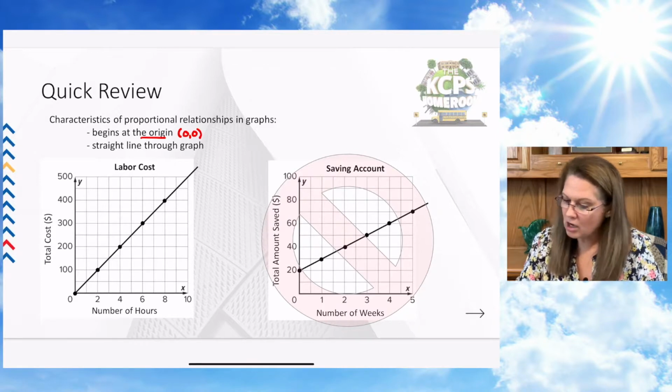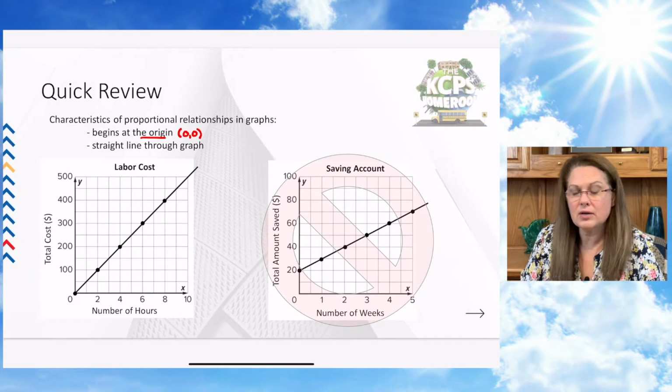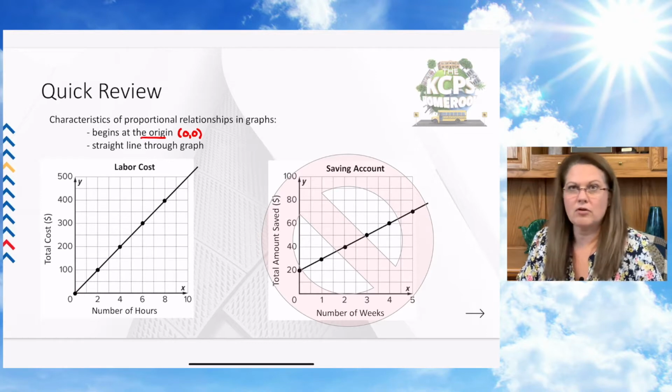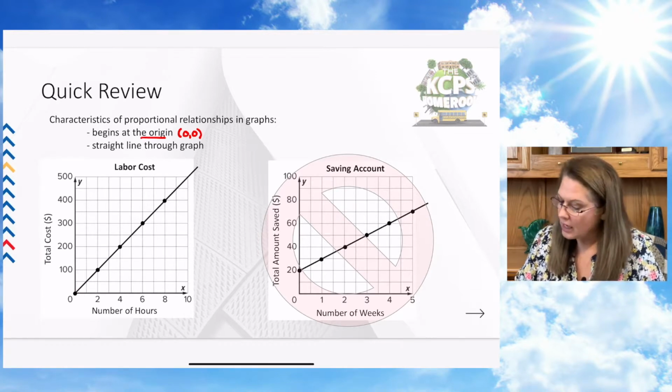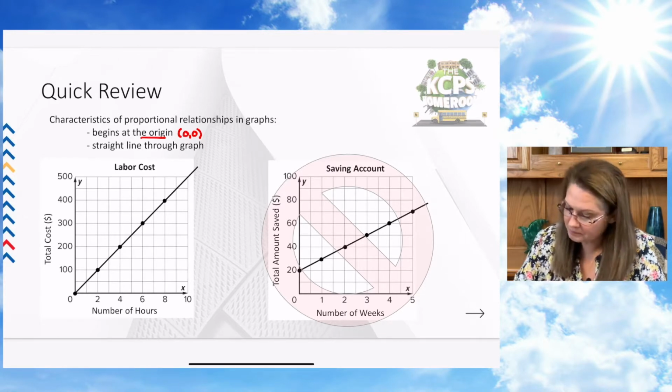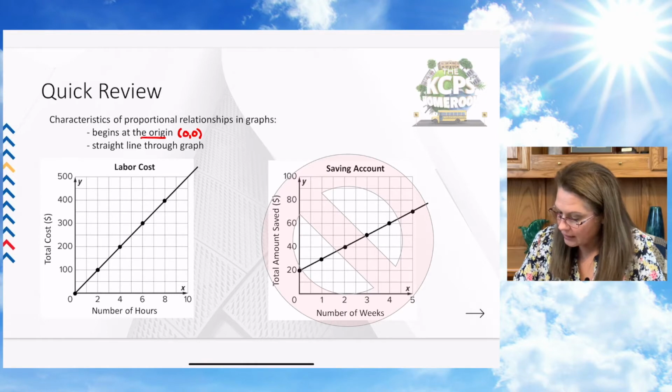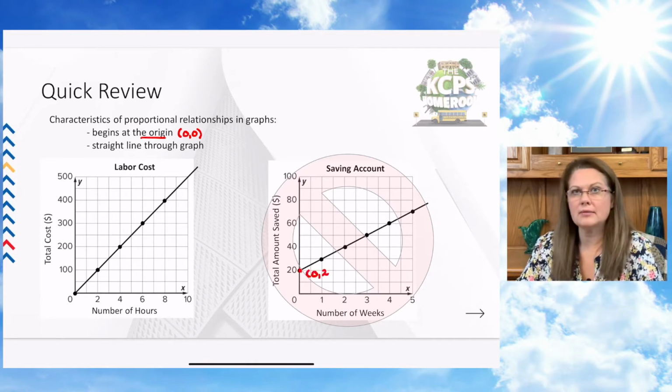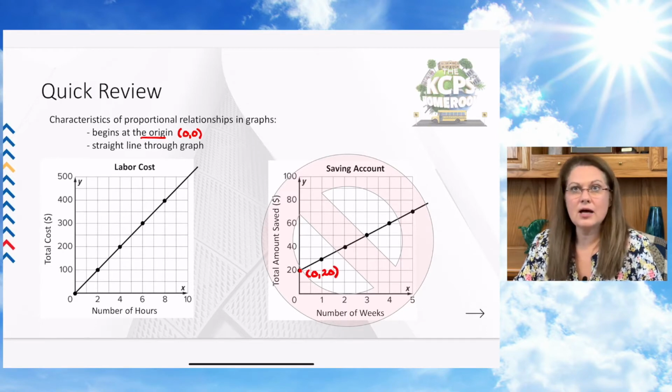You'll notice our first graph does start at 0, 0, and it tells us that we don't have any cost for the number of hours, whatever our labor happens to be. And if you come over to the savings account, notice our first ordered pair is right here, and that coordinate is 0, 20. So our account is actually starting with $20.